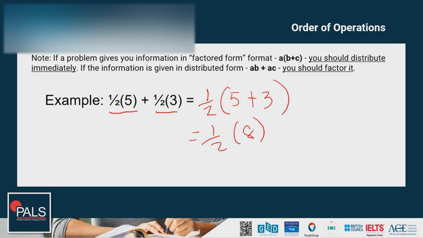Now, as you can see, it's easy to find half of 8, because half of 8 has an exact answer. The answer is 4. So the sequence is much easier than finding half of 5 and then finding half of 3.